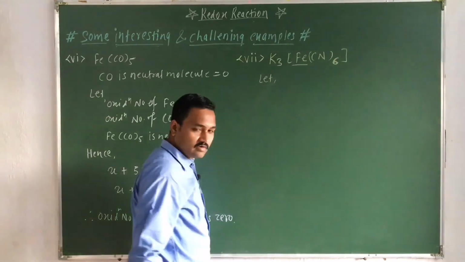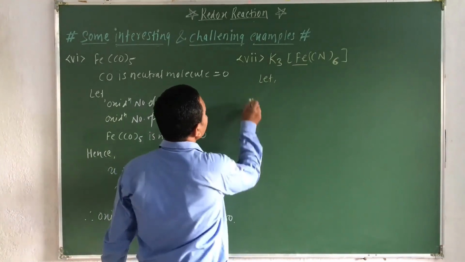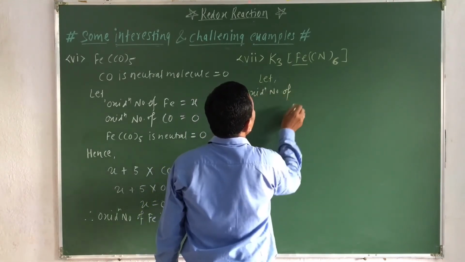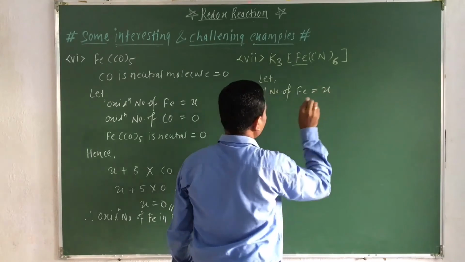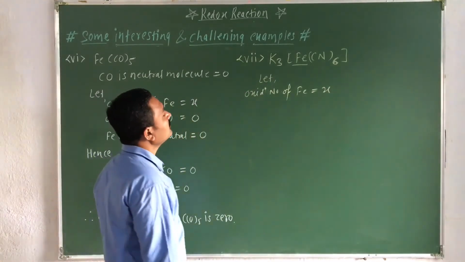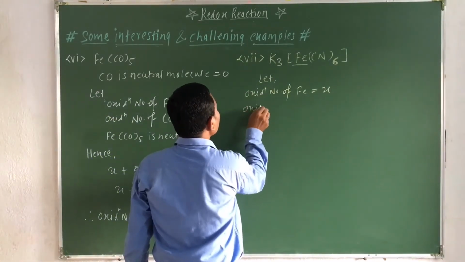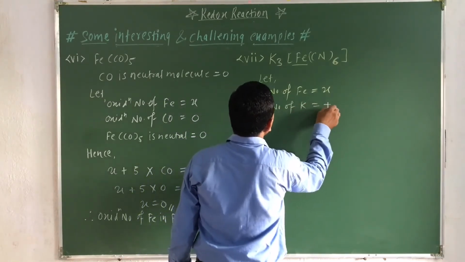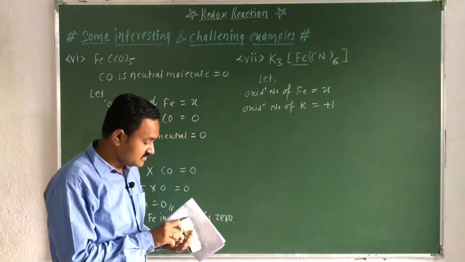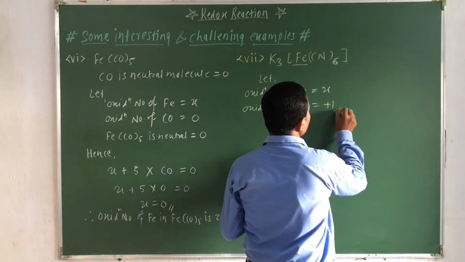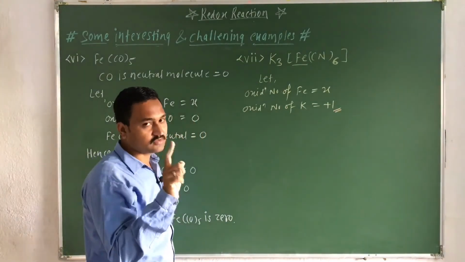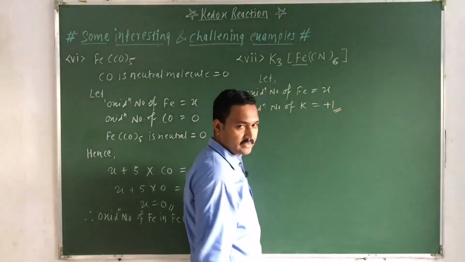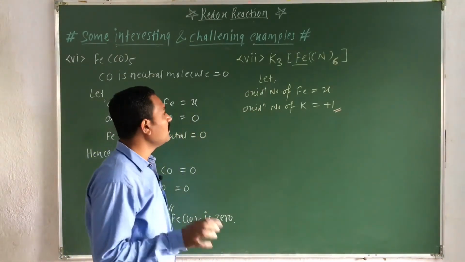So we have to calculate the oxidation number of your iron here. Let the oxidation number of Fe be X. Now the oxidation number of potassium will be +1. Now why is this +1? According to the note that we considered in the previous lecture, remember, this is your first group element, and first group elements show the oxidation number +1.